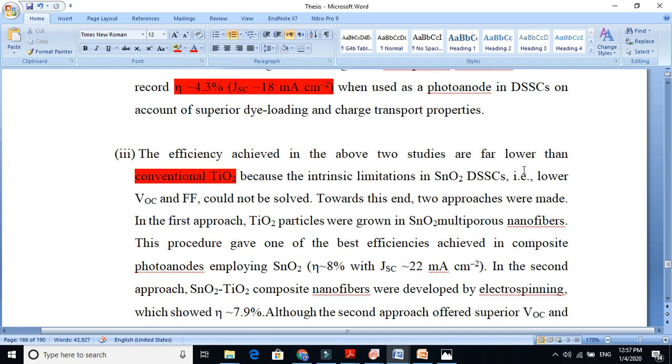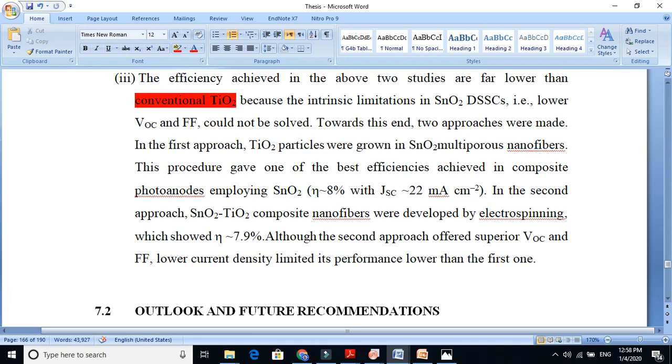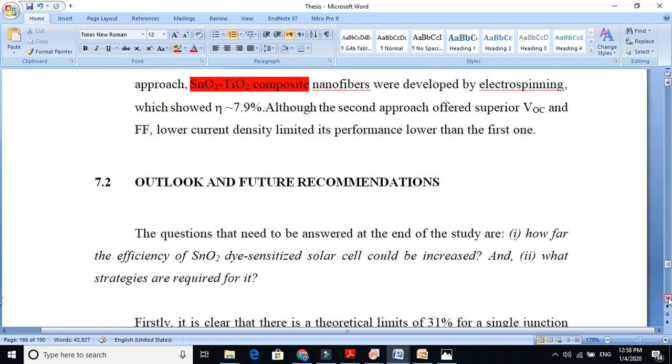Then we made a composite to achieve those objectives and to get results comparable to titania. By doing that, our efficiency reached 8% and our current is 22, so almost comparable. The efficiency is still lower, but the current is comparable. We also made the composite here, and there we also achieved this. So this is basically my chapter 6, as you remember, the composite one. So I conclude my work in a very brief way.